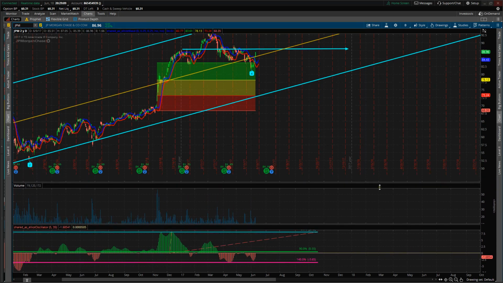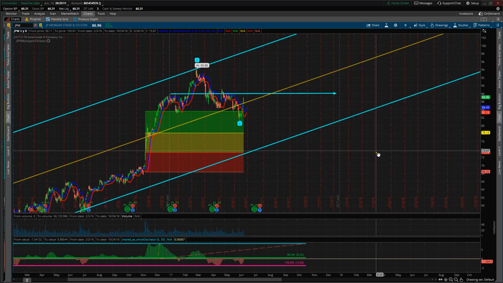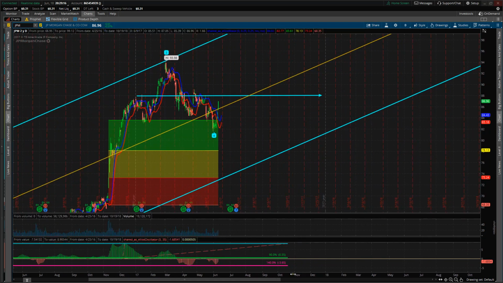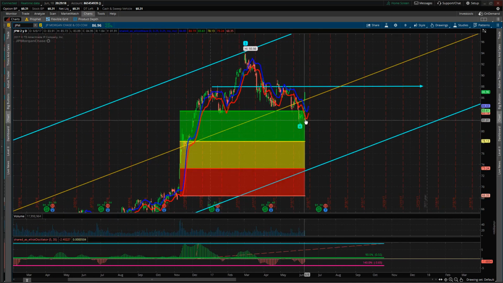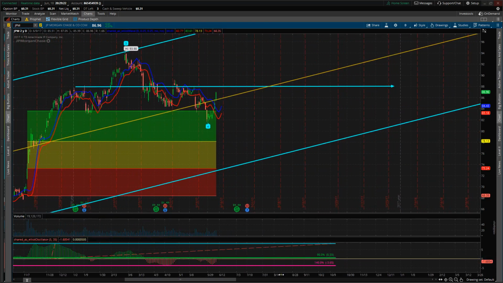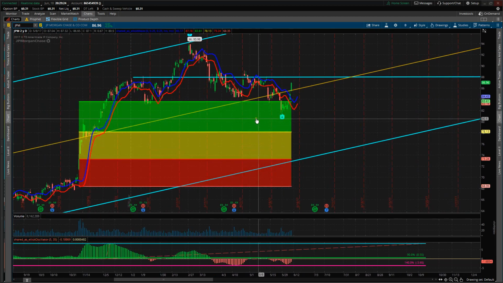Let's move them back down. So as you see on the daily, we have now had the wave 4. It's just come into our first zone. Found support. Has it found support at previous support levels on the daily? Not really. So it might not be that strong.